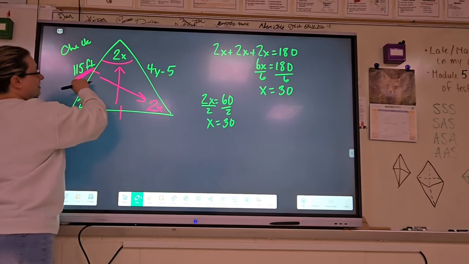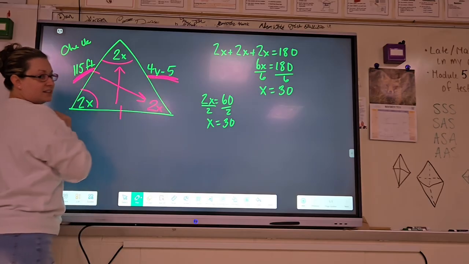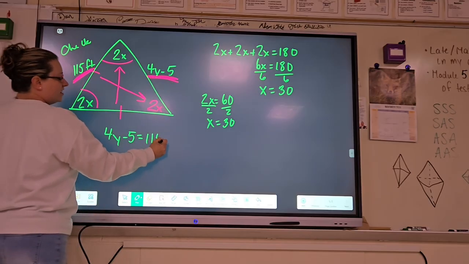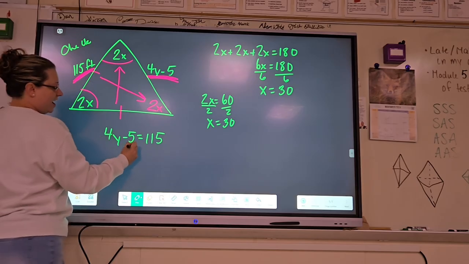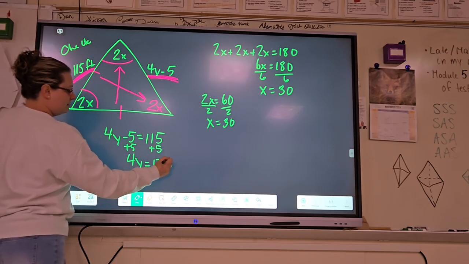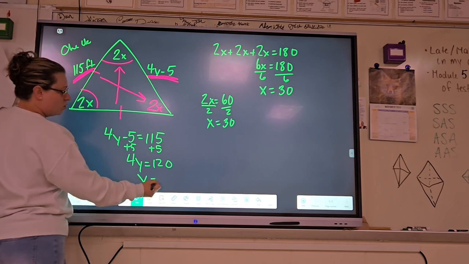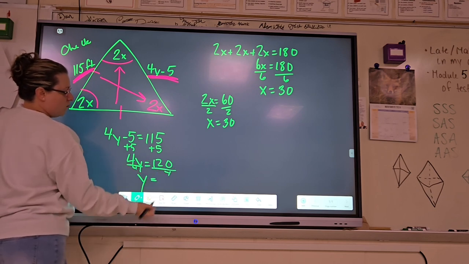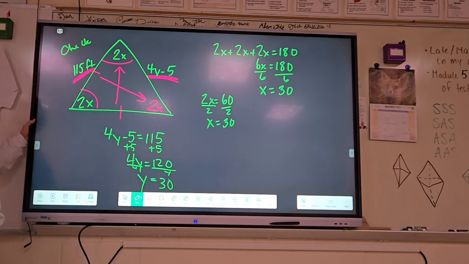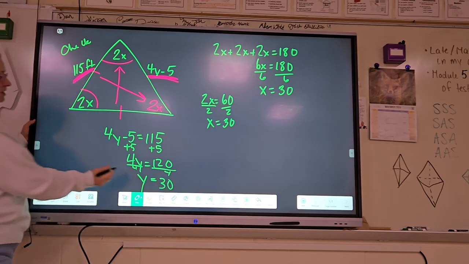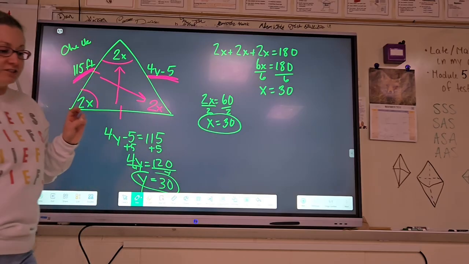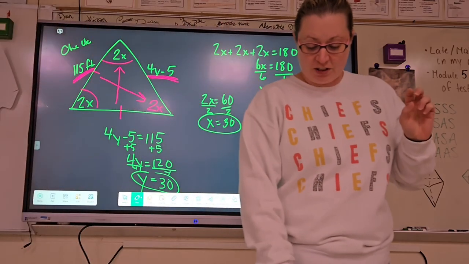So I know that this has to equal this. So I can say 4y minus 5 equals 115. Add 5. And divide by 4. And y equals 30. Again. So that's all they asked us for on that one. Those shouldn't be too awful terrible for you to get through.